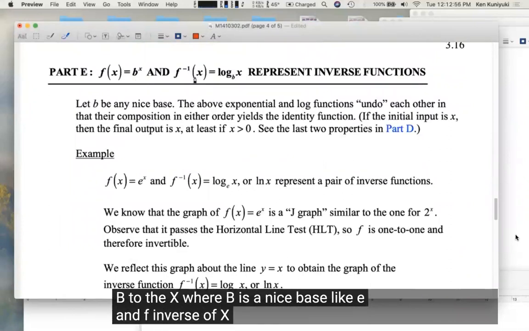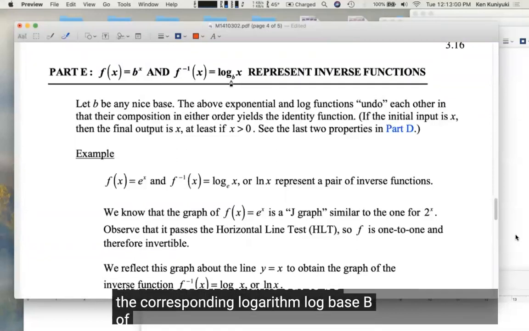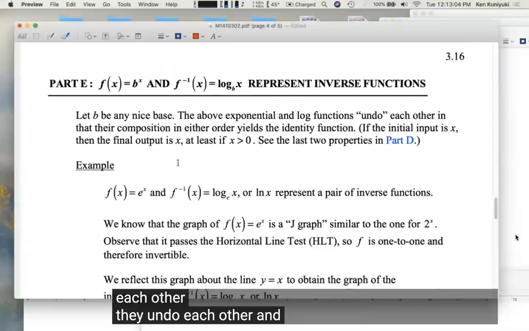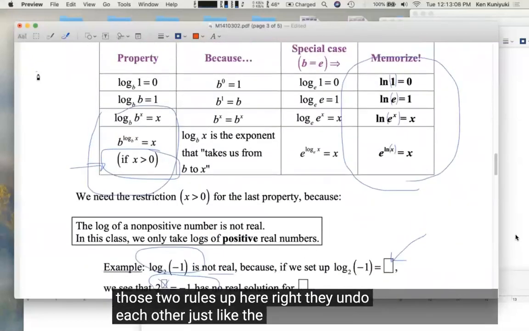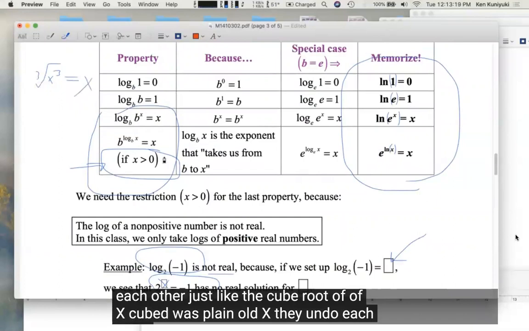And f inverse of x turns out to be the corresponding logarithm, log base b of x. So these two are inverses of each other. They undo each other, and we saw that in those two rules up here, just like the cube root of x cubed was plain old x.